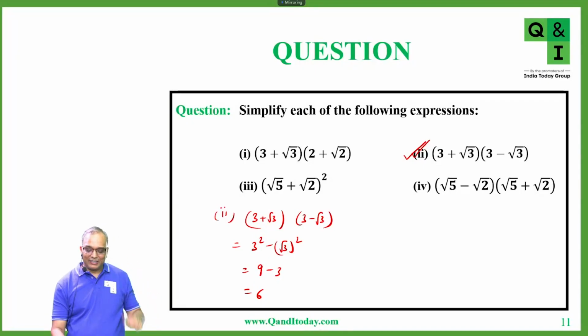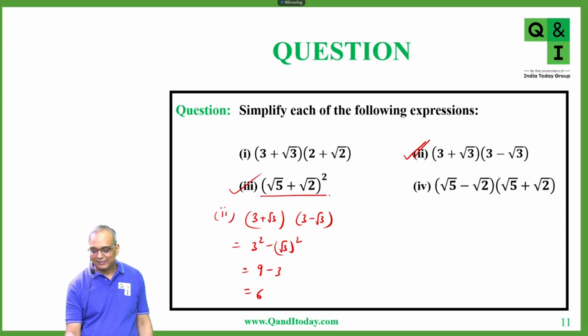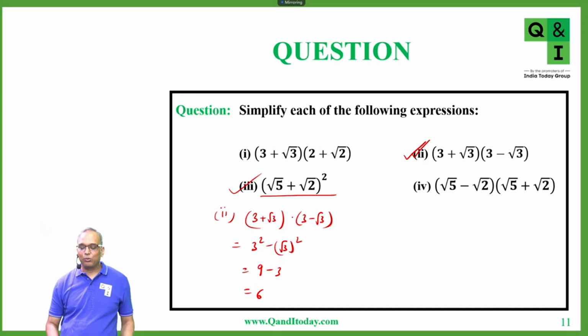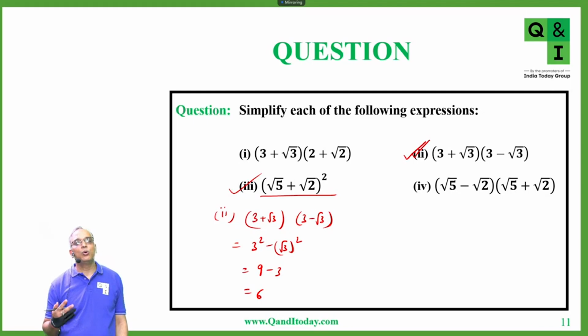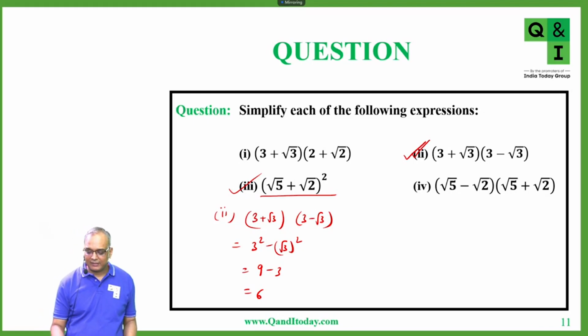Now third one, root 5 plus root 2 whole square. How do you solve this? You will use the identity a plus b whole square is a square plus 2ab plus b square.